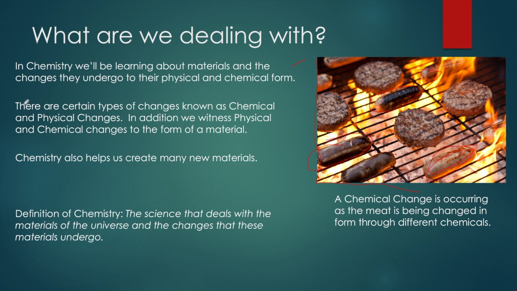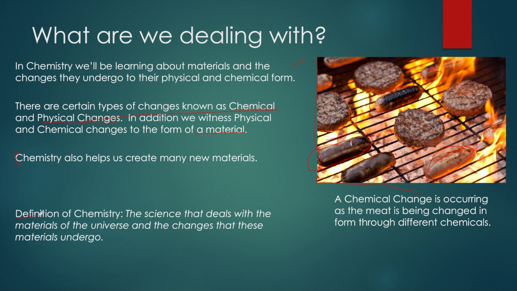So there are certain types of changes known as chemical and physical changes. In addition, we witness physical and chemical changes to the form of a material. So, chemistry basically helps us create many new materials, lots of things like insulin, which is made out of mold, and other different basic compounds that we can use in everyday life.